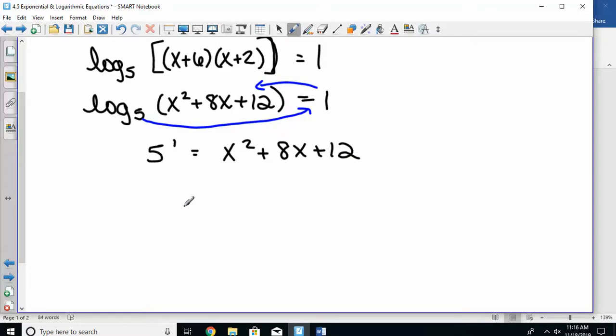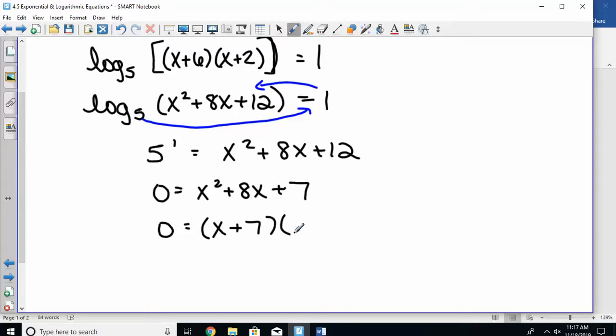Quadratics, we always need to set equal to 0. So if I subtract over my 5, what can I do with this? Multiply to 7 and add to 8, that would be a 7 and a 1.